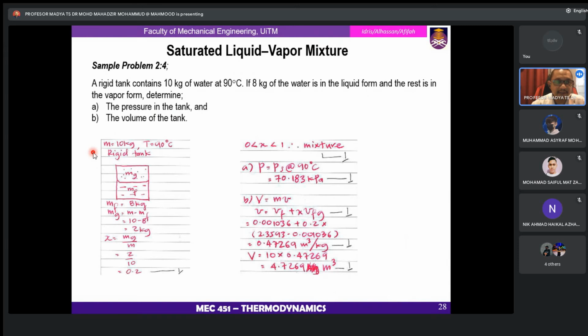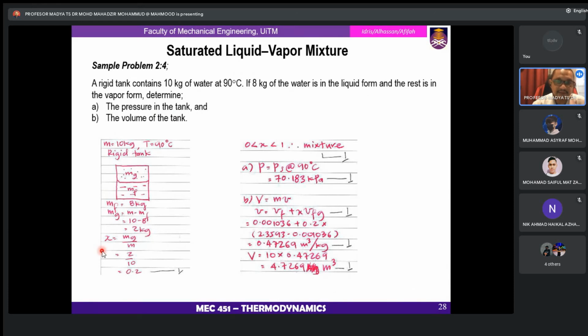So you list down what is given in the question: m, T, and rigid tank. We draw the system, where the system has mg and mf. mf is 8 kilograms, mg is m total minus mf, so we get 2 kilograms.